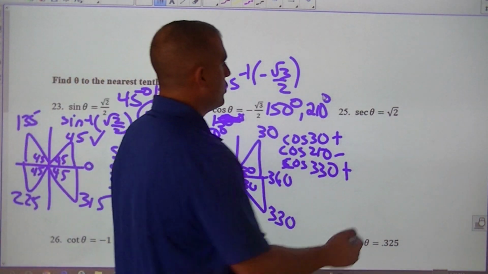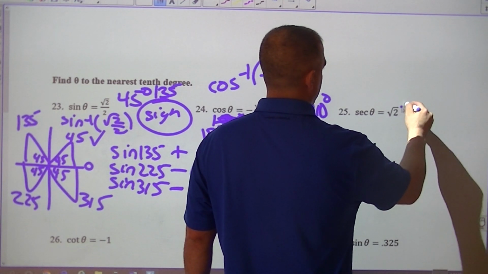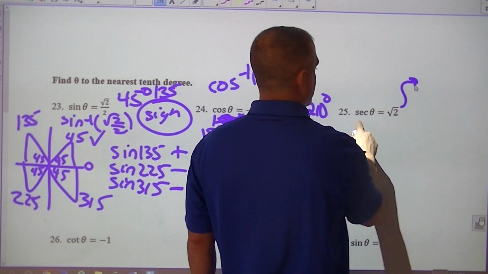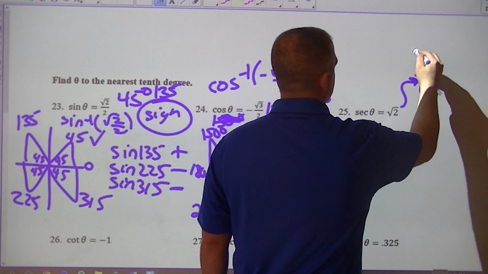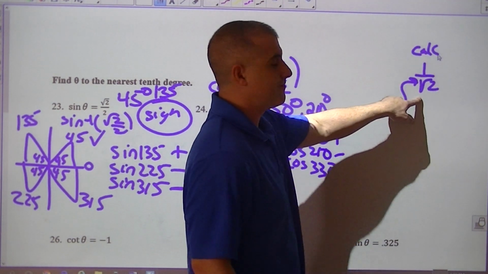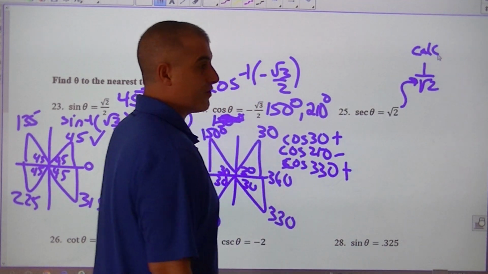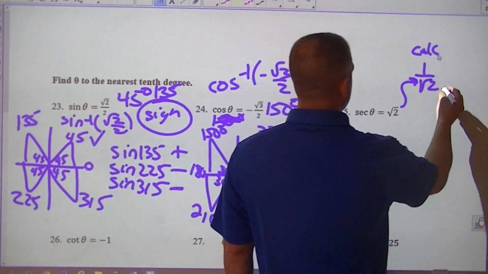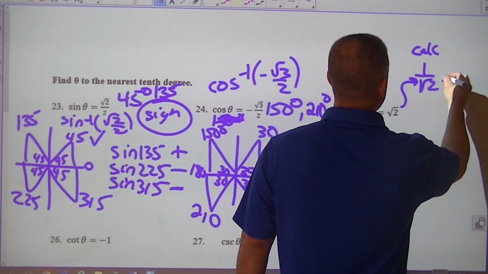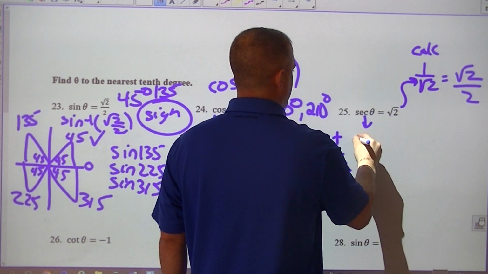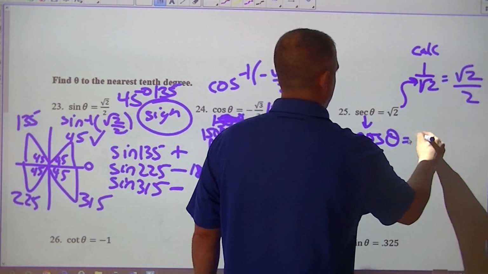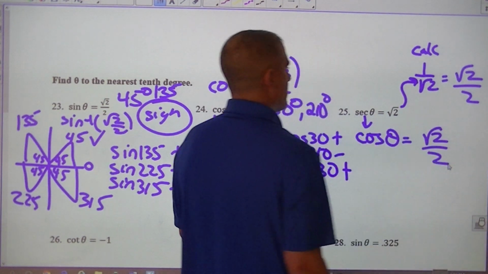Now, going on to secant. What you should do is write this as cosine. You type that into the calculator. Mine won't do this for me, but if you type that in, you're going to get square root of 2 over 2. Then I'm going to turn this into cosine, so cosine of theta equals square root of 2 over 2.